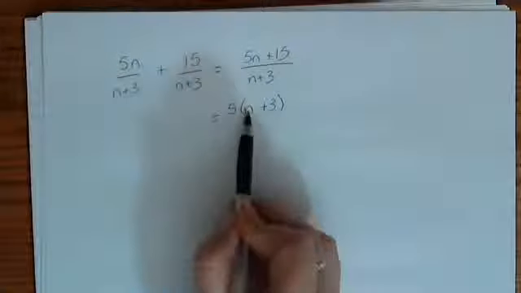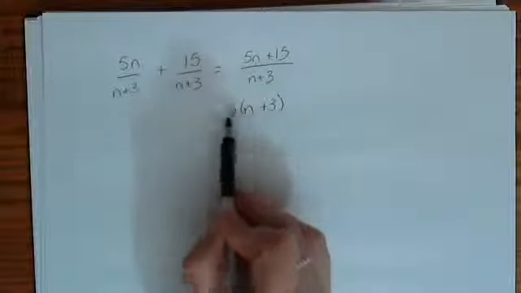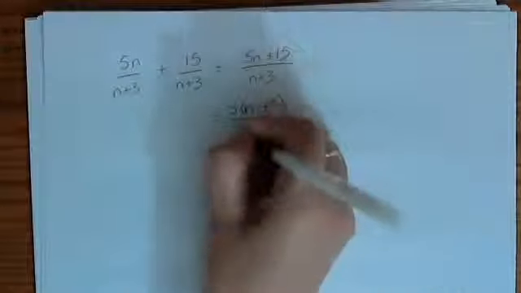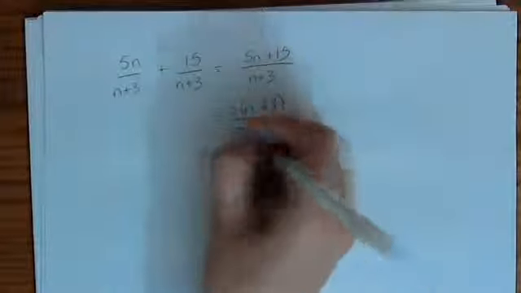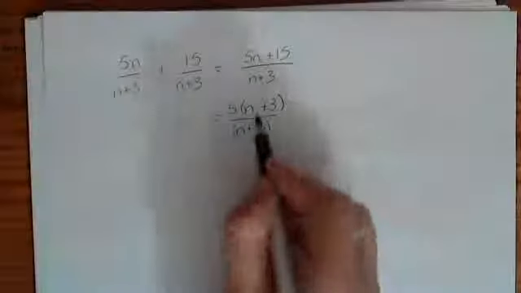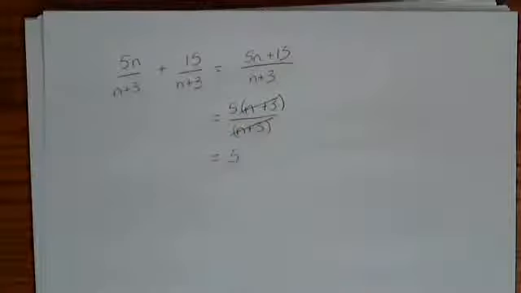So 5 times n plus 3. If I distribute that through again, I'll get 5n plus 15, which is what I had there. And then I'm going to divide it by n plus 3, because that was the denominator. Now we can see that we have an n plus 3 in the top and in the bottom. So our final answer is just going to be 5.